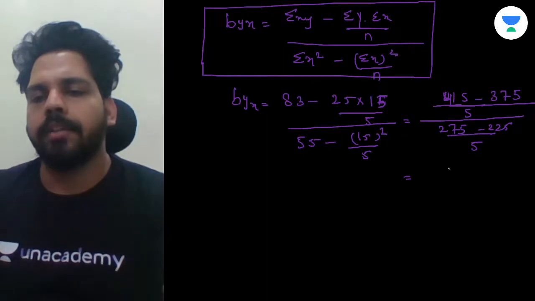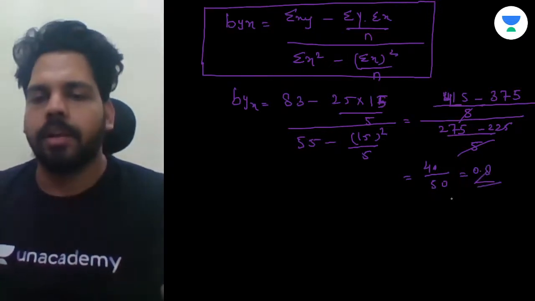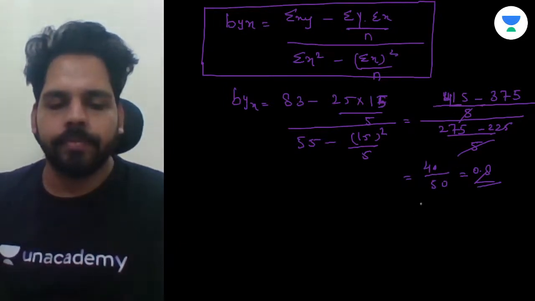So we are getting 415 minus 375, that is 40, and 275 minus 225, that is 50. So again we are getting 0.8 as the answer. Clear? I hope this part is clear to all of you.